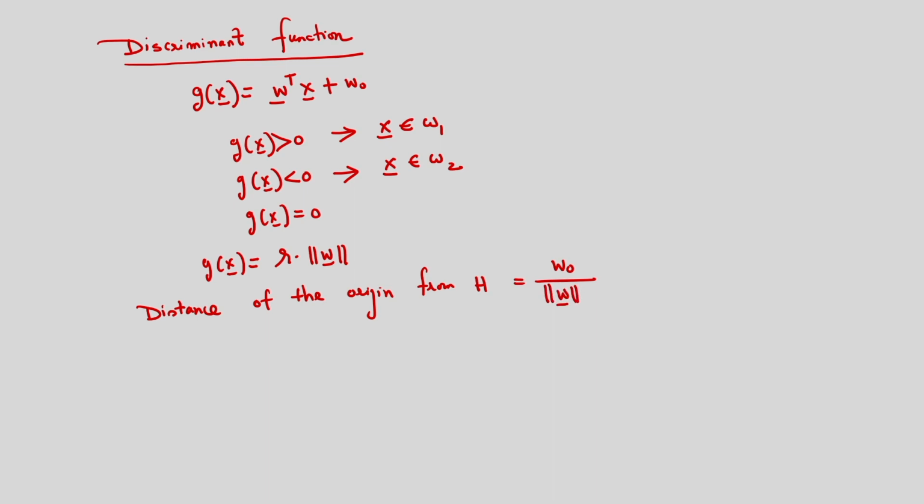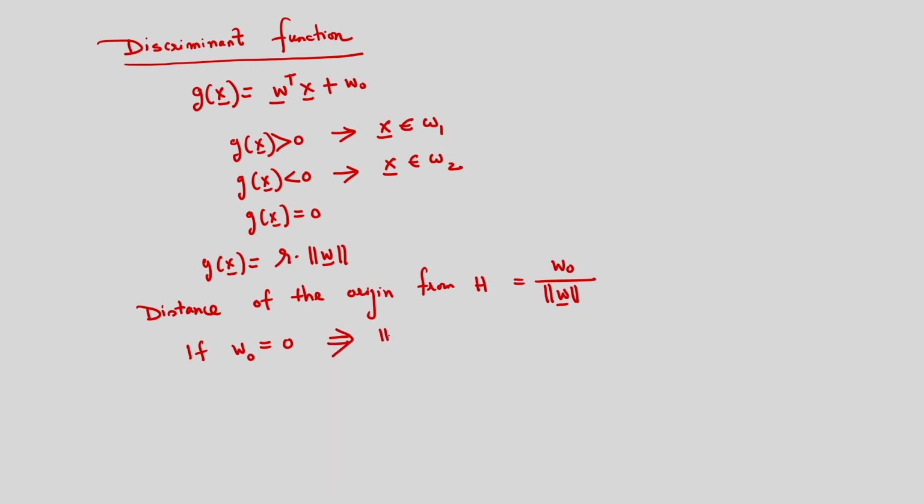This W naught, that is the bias, it is positive when the origin lies on the positive side of the hyperplane and vice versa. And if W naught, that is the bias, is equal to 0, then what is the meaning of this?